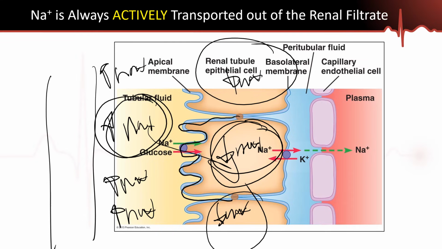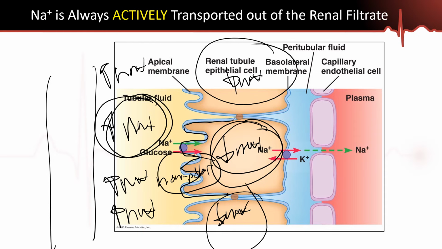And the plasma membrane, if you remember, the core of it at least, is made up of hydrocarbons. It's made up of fatty acid tails. So the whole core of this plasma membrane is nonpolar. And sodium is a positively charged ion.